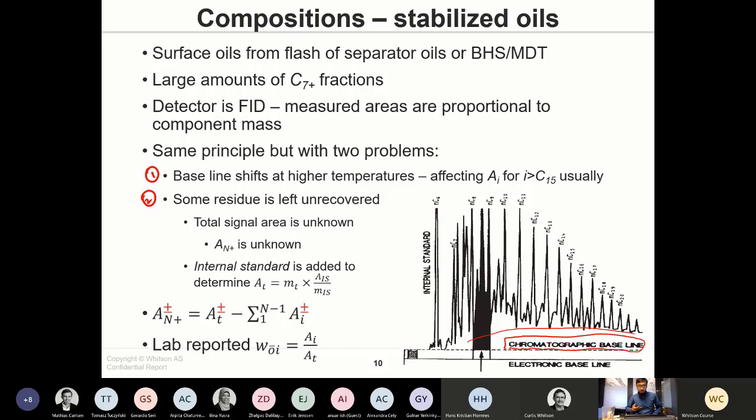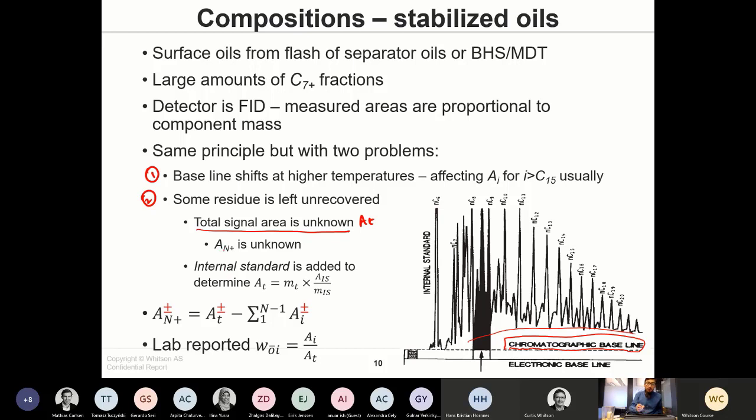Due to that, you don't know the total signal area. The total signal area, AT, is unknown, because the area of that residue, the C36 plus or C30 plus, is unknown to us.